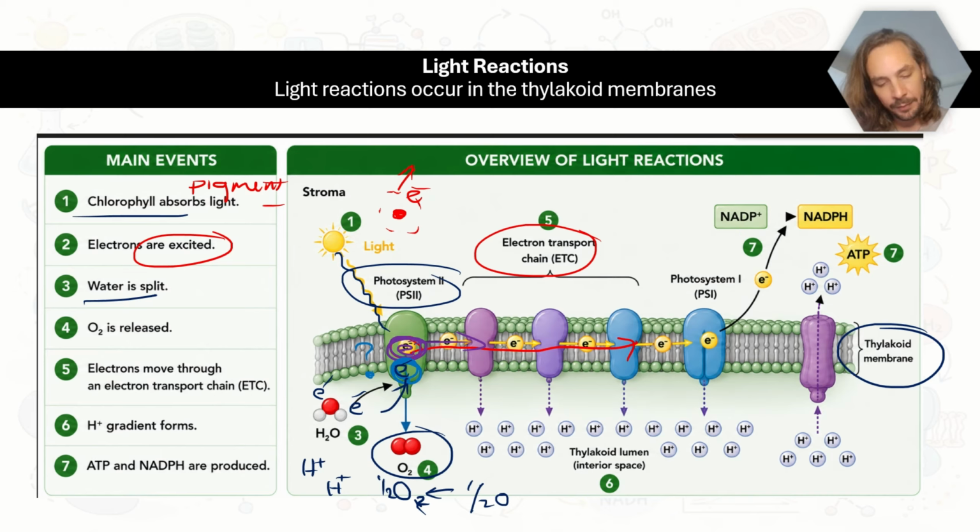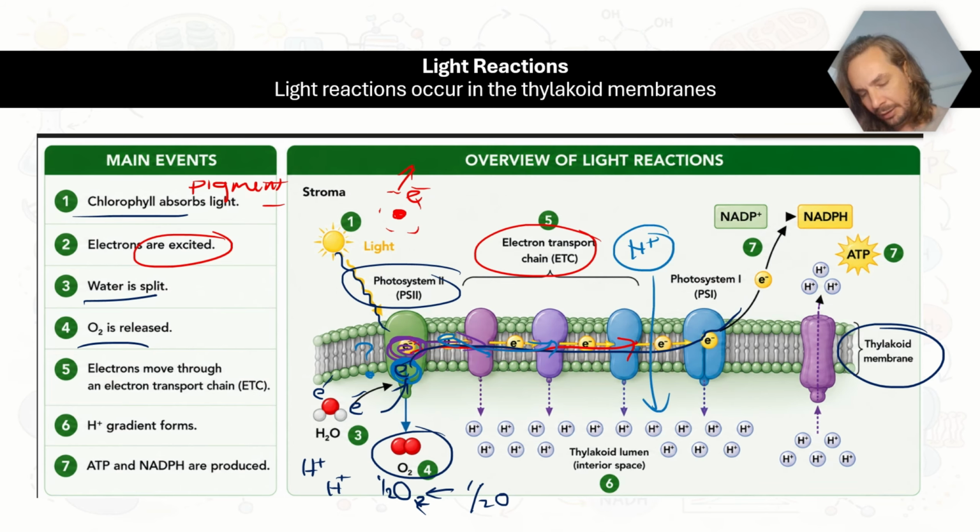Now, after water is split, oxygen is released, and then these electrons move along the electron transport chain. As they move from one part of the chain to another, every time they move, it pulls in another hydrogen ion, because every time it moves, it falls slightly in energy state, and most of that energy is not lost as heat.